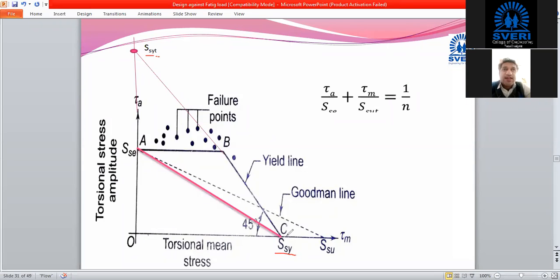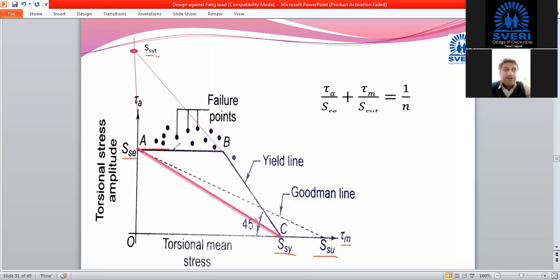He joined that line, where we have got point C. Later on he joined the endurance limit for the shear stress and the ultimate shear stress. Now this mean shear stress which we have drawn on the x-axis and the endurance limit which we have drawn on the y-axis, with the help of these stresses we have got this polygon.